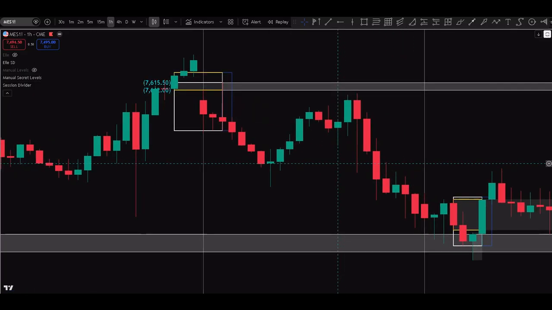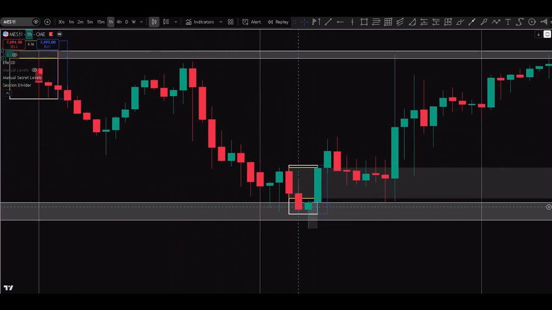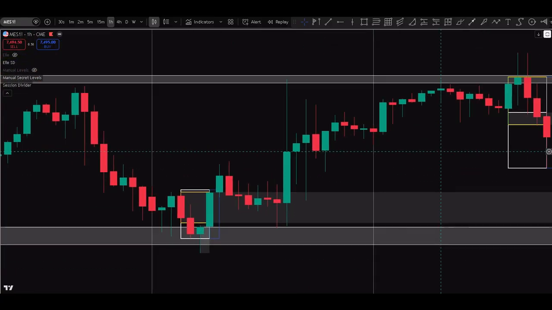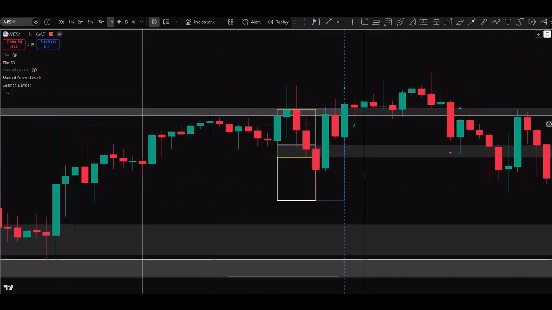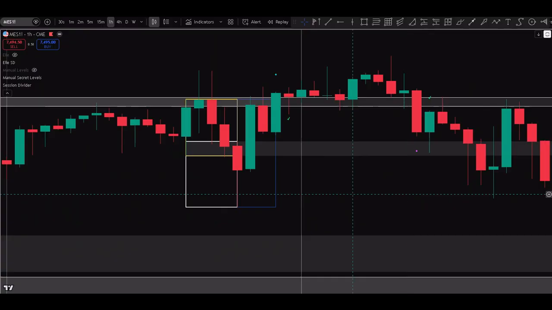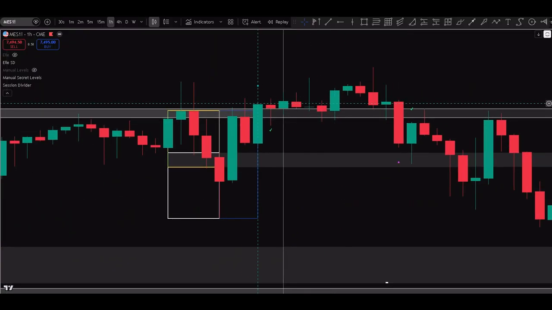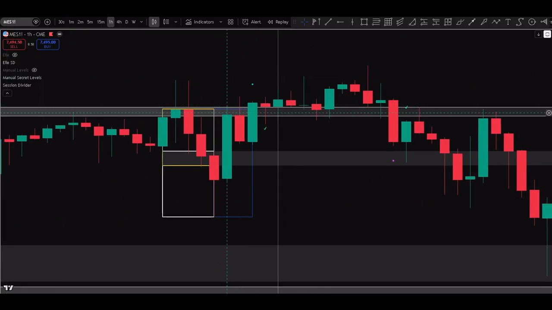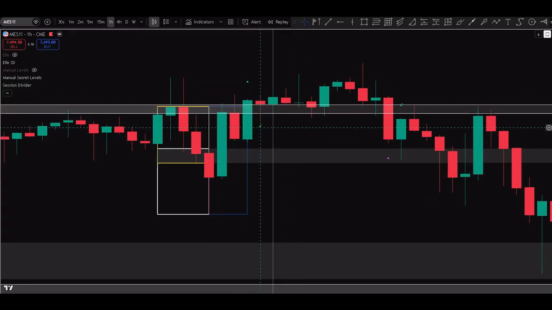As we traded below to this level, we've already looked at that. Now let's see what happens when we close over this secret level. You can see that this candle here closed above the secret level, which gave us an indicator right there. So we'll have an alert. Then we go to our chart and say, now we're expecting the following candle, this bearish candle here, to close above the secret level. And as you can see, it did, and we received a green check.